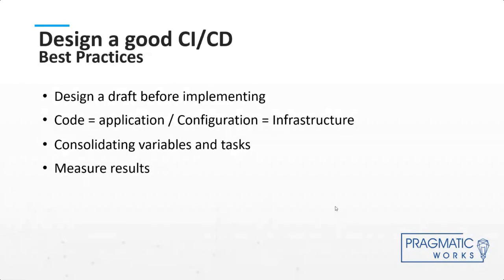Measure your results, because it's very important to see how your changes affect your existing pipelines. So if it increases the time of the process, you must think that you can do it in a better way.